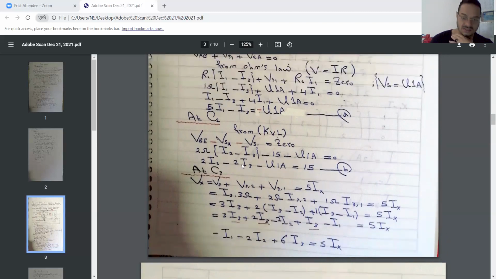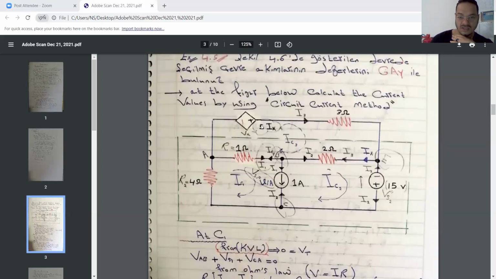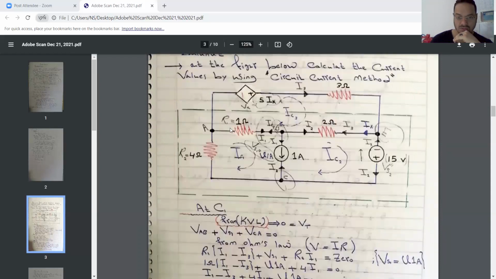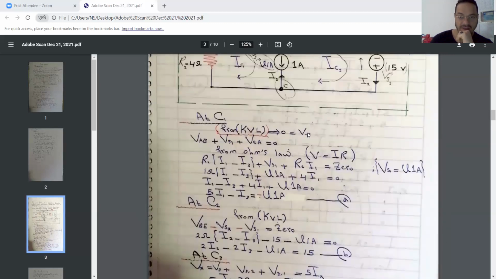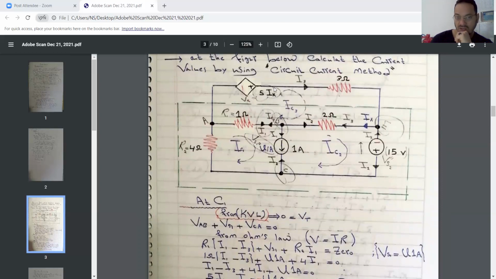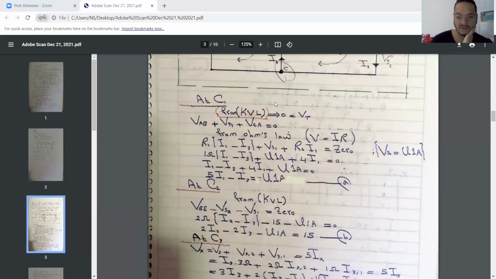At last, at C3, at loop 3. Here we have 3 resistances and an independent current source. V3 plus V32 plus V31 equal 5IX. 5IX here is the dependent current value.